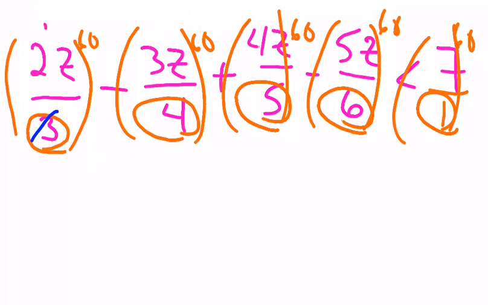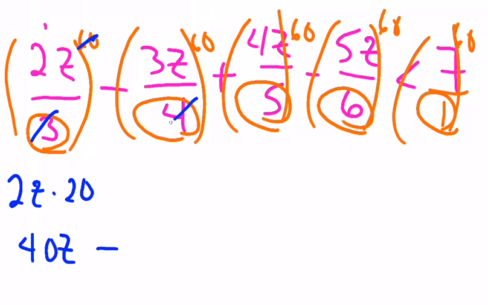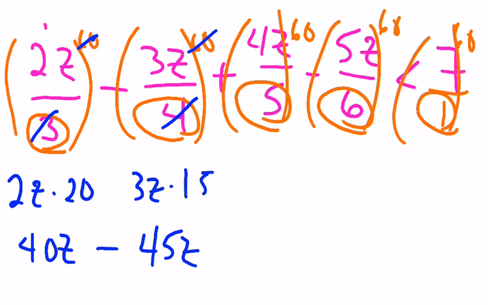So here 3 goes into 60 20 times. So we end up with 2z times 20, so that's 40z. Here 4 goes into 60 15 times. So we end up with 3z times 15, which gives us 45z.